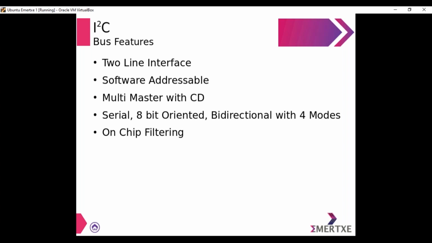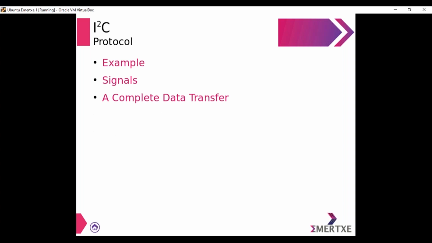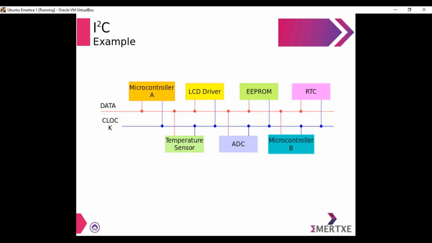Generally, all the masters and the slaves will be 8-bit oriented, but there are some slaves which might work on 16-bit orientation also. So we have a bidirectional bus with 4 different modes. And because of the extensive usage of the I2C communication protocol, we have on-chip filtering on the data lines these days. Then we started with the examples, then the signal and the complete data transfer.